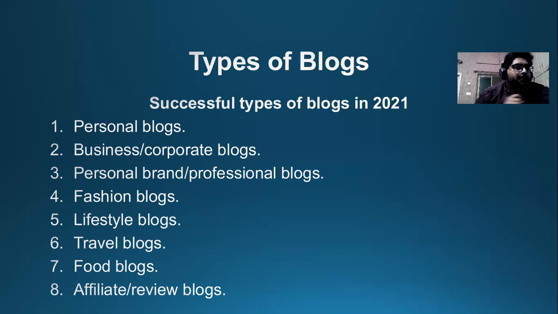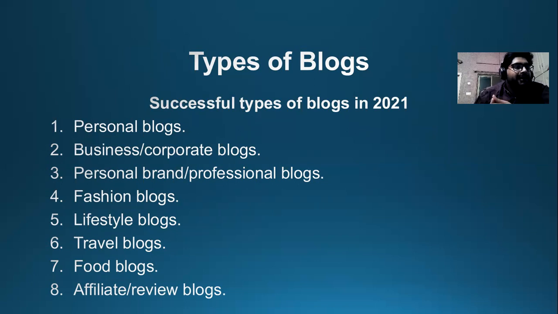And the most important are affiliate and review blogs, in which, suppose a shoe is being sold on Amazon. If we put an affiliate link into our blog, as we know that we have a huge number of customers or subscribers who come and read our blog with full interest, some of the users might click that link and end up buying that shoe.